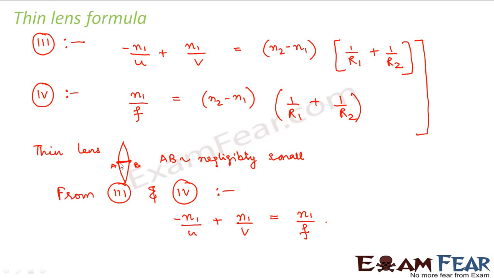Because when we are assuming that this width is extremely small, we can say that 1 by v minus 1 by u is equal to 1 by f.